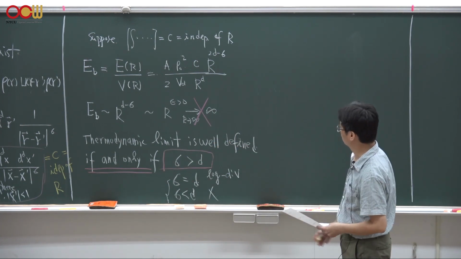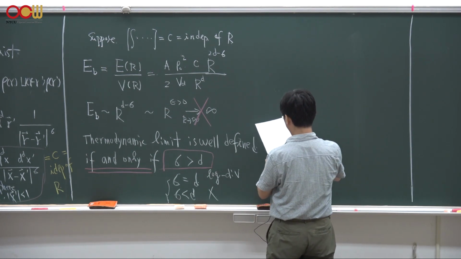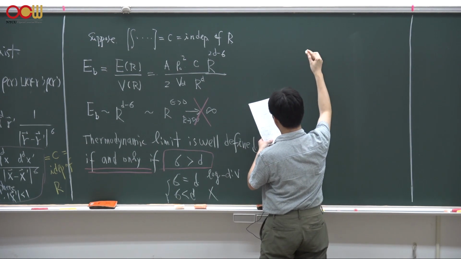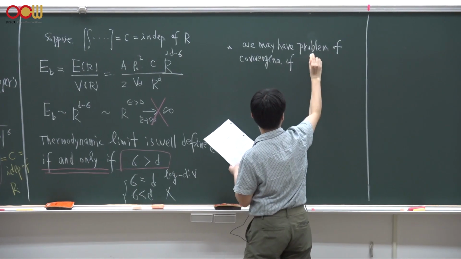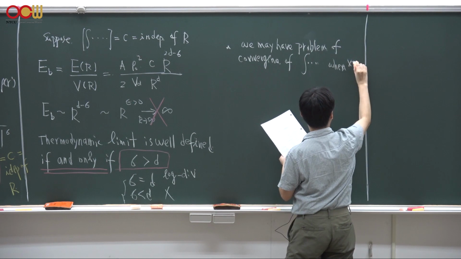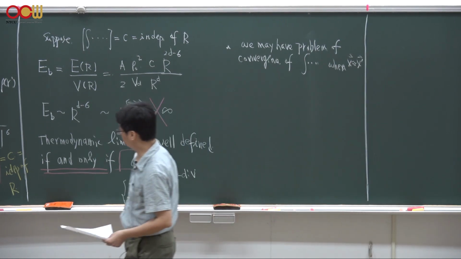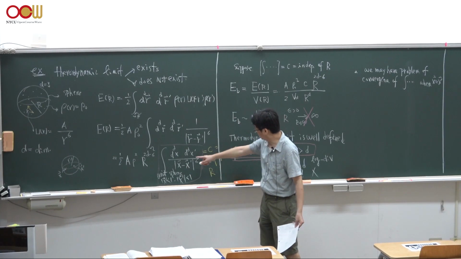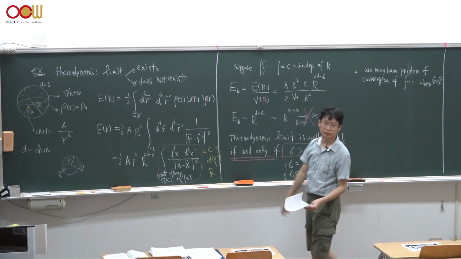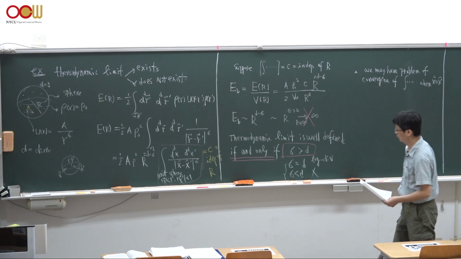But this is not a rigorous calculation, so we will determine this integral more rigorously, because we could still have a problem of convergence of the integral when x is almost the same as x prime. When x is very close to x prime, the denominator vanishes, so this integral may blow up to infinity. So we need to evaluate this integral more carefully.